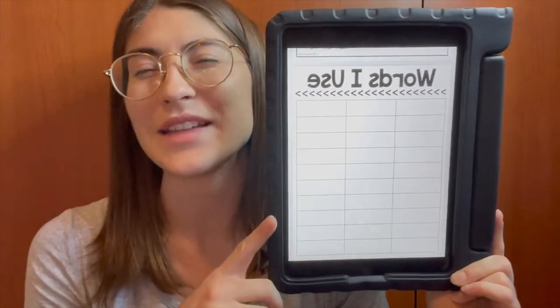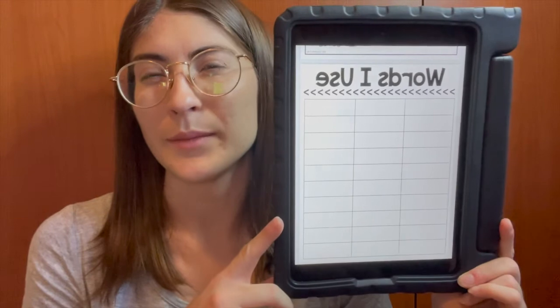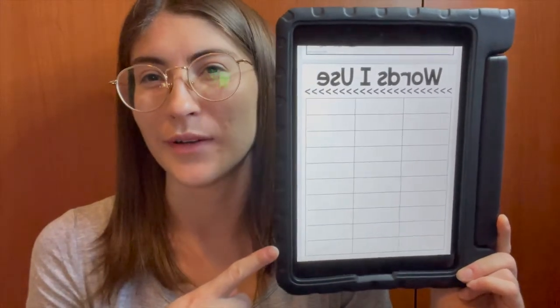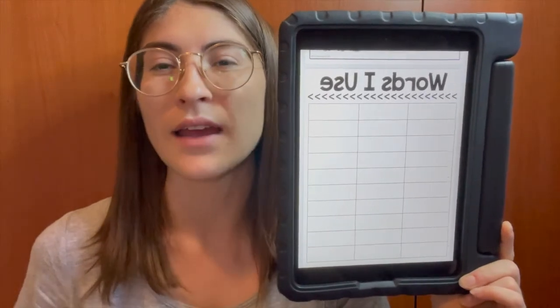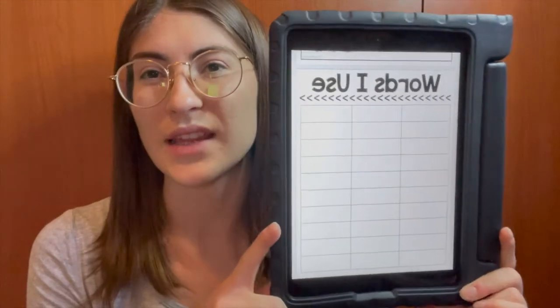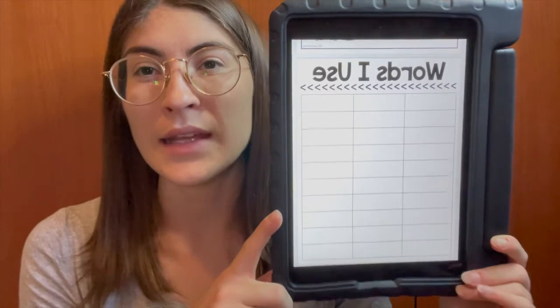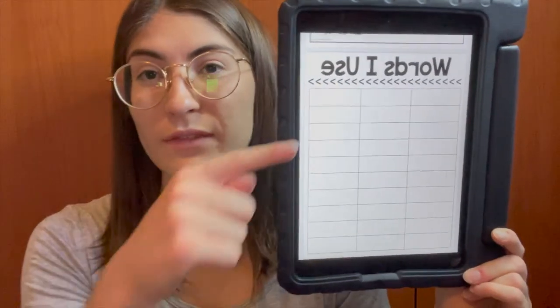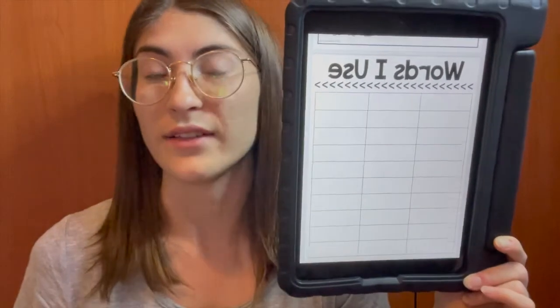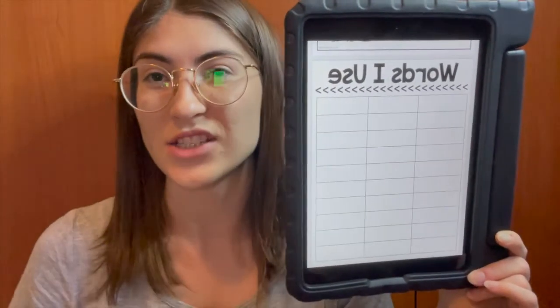Now this is not a place for classmates' names or colors or numbers, things that are already on our writing office, but other words that they like to use often. Now, if students realize, oh, this is a word I use a lot, they can feel free to add it. All your students should have at least some empty spaces in this section of the chart.